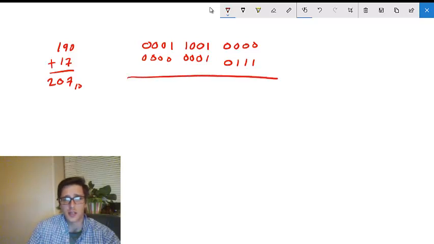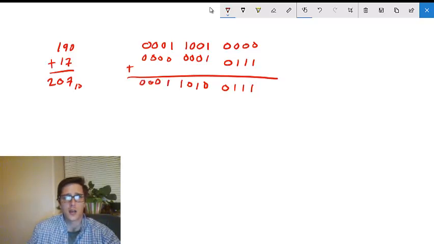So when we add these together, we're just going to add them just like regular addition. So we get 1, 1, 1, 0. Then we get 0, carry 1, 0, 1, 1, 0, 0, 0. Okay, and I lost my break, so let me do that again so that we can have a breaking point between the two.